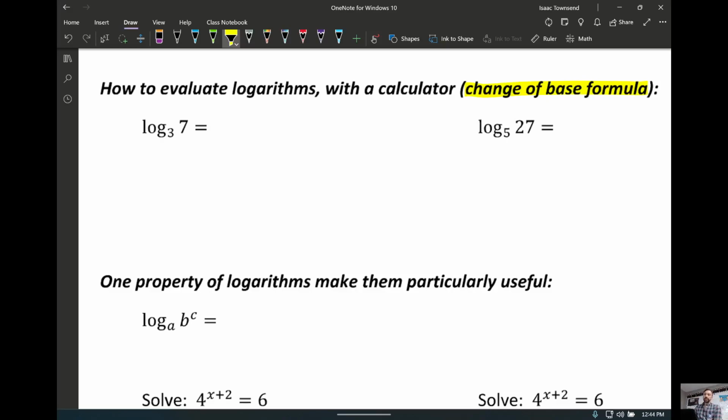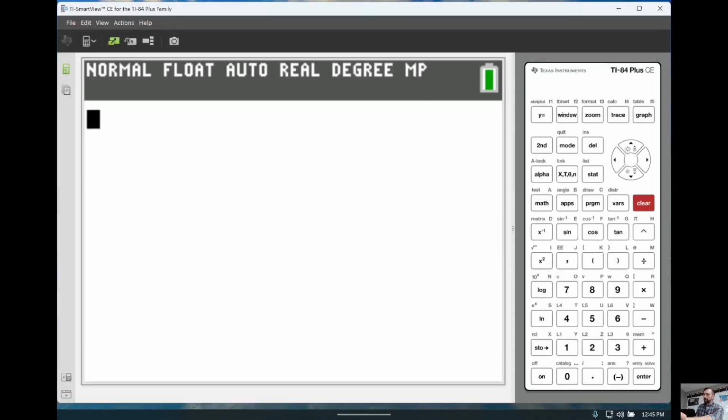But the idea of change of base is, if I want to round this answer, if I want to get this within like 3 decimal places, because 3 to what power gives me 7, I don't know. I can't do that in my head. I know it's between 1 and 2, because 3 to the first is only 3, and 3 squared is 9. And if I go to my calculator and hit the log button, it doesn't let me put a base of 3.